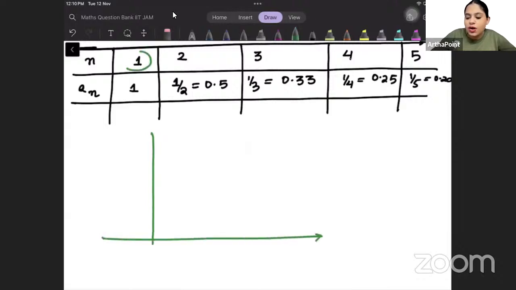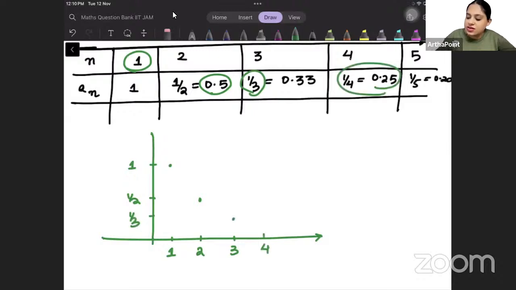Let's try to also plot this once. When n is 1, I get the answer as 1. When n is 2, I get the answer as half. When n is 3, I get 1 by 3. When n is 4, I get 1 by 4. And so on.